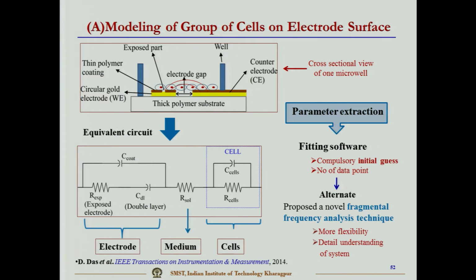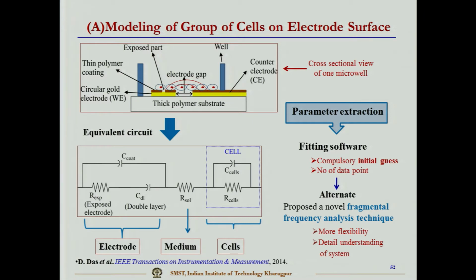So, in this case we have considered the double layer capacitance, the resistance of the media, the resistance of the solution here, and the exposed electrode resistance. Now, this is the main part where the electrical equivalent circuit has been created for the cells: the capacitance comes from the cell membrane and the cytoplasmic resistance.